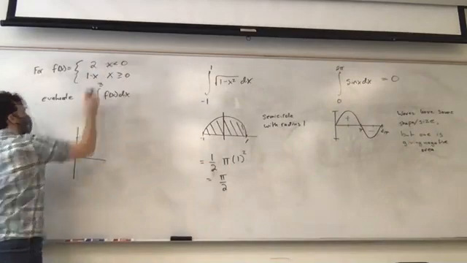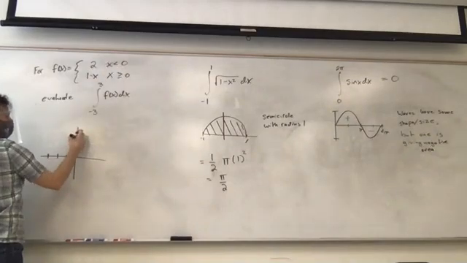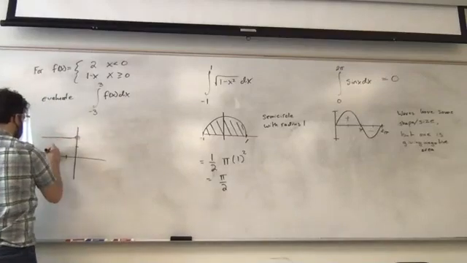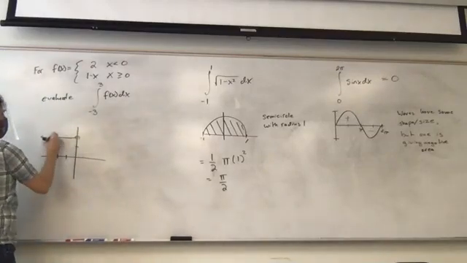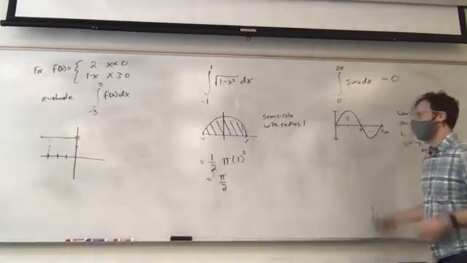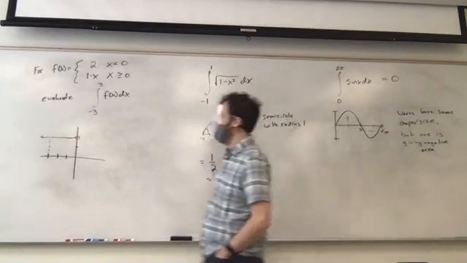We're not using that at 0, so we have an open circle, but then we keep going that way, but we're stopping at -3. That's our lower limit of integration, and that's where we'll stop looking at the area.